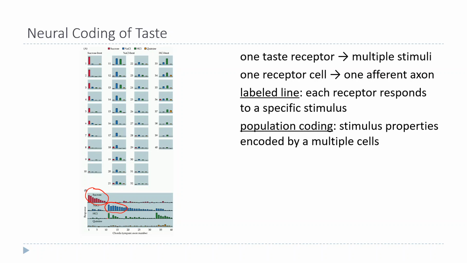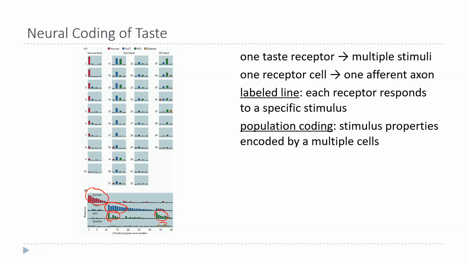Whereas if this population of cells is active, roughly 10 through 15, and then these cells down here, which correspond to roughly 33 through 35 or so, those populations together would tell the brain that hydrochloric acid is present, and it would be perceived as sour.